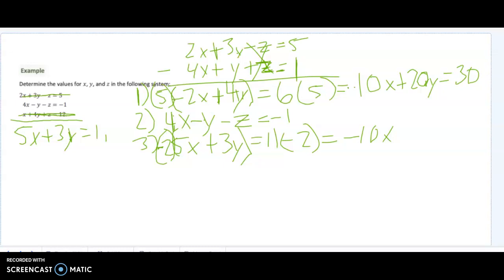Let's not multiply this one by negative. We don't want to do negative 2 because then they won't cancel. Just do it by 2. We can multiply by whatever we want to. Okay, so let's just multiply by 2.